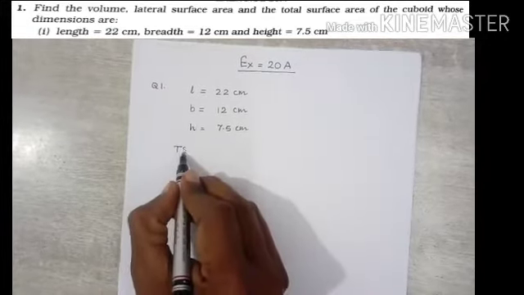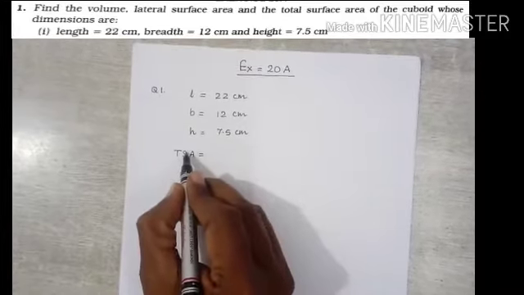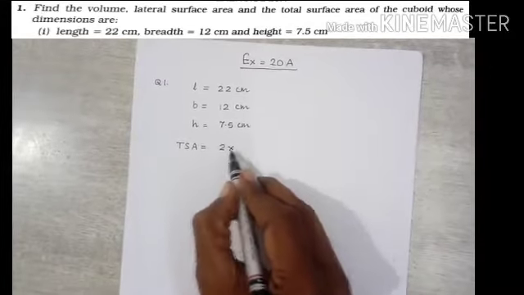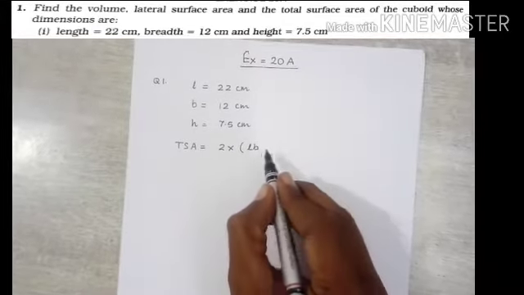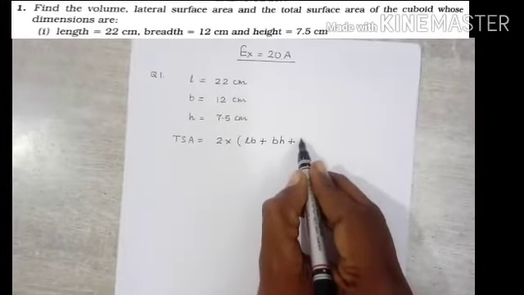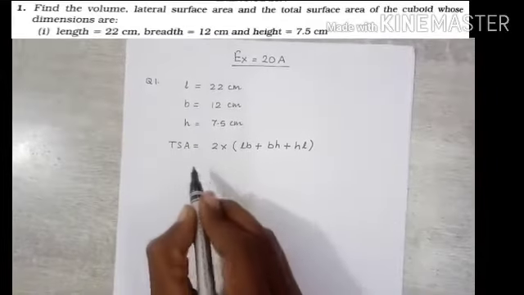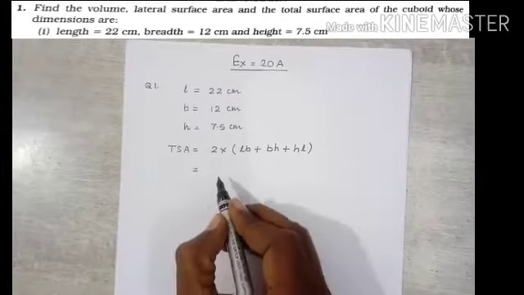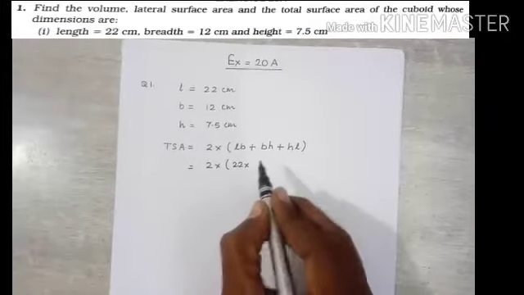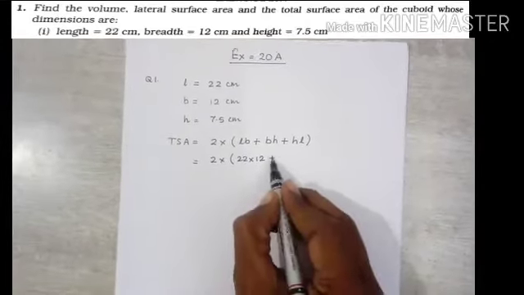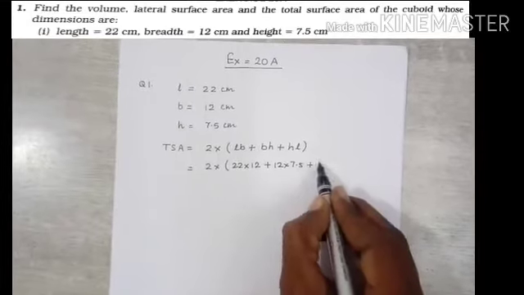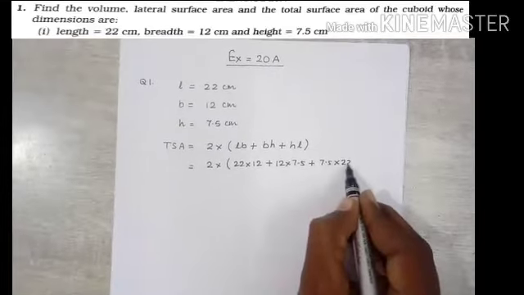So we will write the formula of total surface area of cuboid: 2 into length into breadth plus breadth into height plus height into length. Now we put the values: in place of length 22, in place of breadth 12, 12 into 7.5, 7.5 into 22.